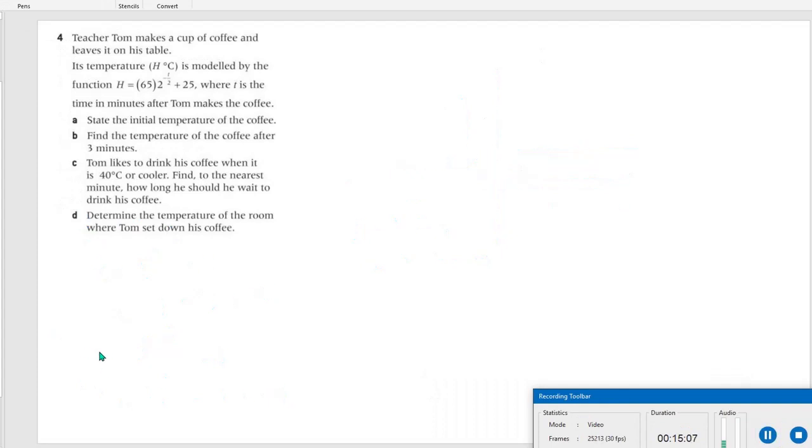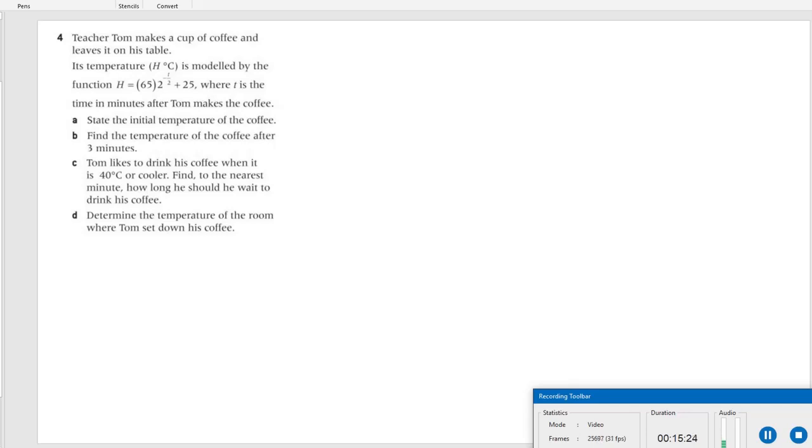Coming to question number 4, Teacher Tom makes a cup of coffee and leaves it on his table. Its temperature is H equals 65 times 2 to the power minus t over 2 plus 25, where t is the time in minutes after Tom makes the coffee. State the initial temperature of the coffee.